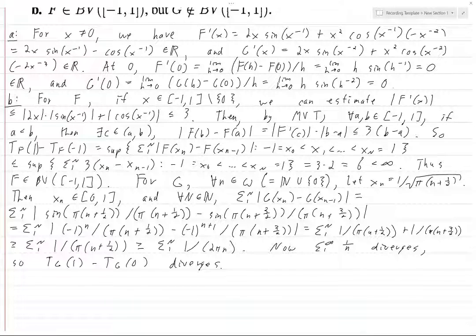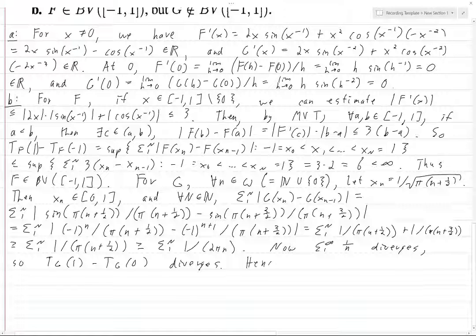But choosing these particular xn's that we have here, the xn equal to 1 over the square root of blah blah blah, and choosing arbitrarily many of them, we can make that sum as large as we want. And so tg1 minus tg0 diverges.